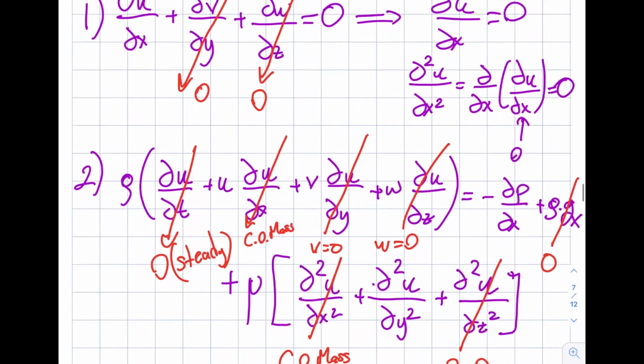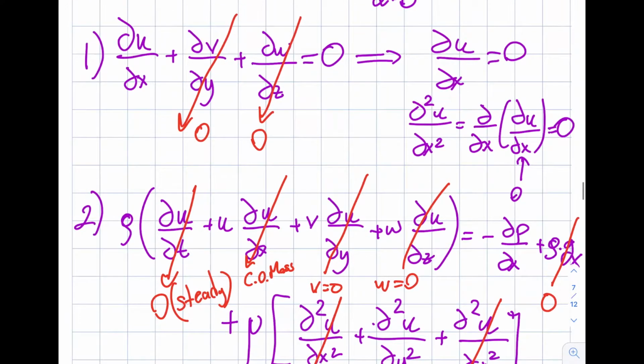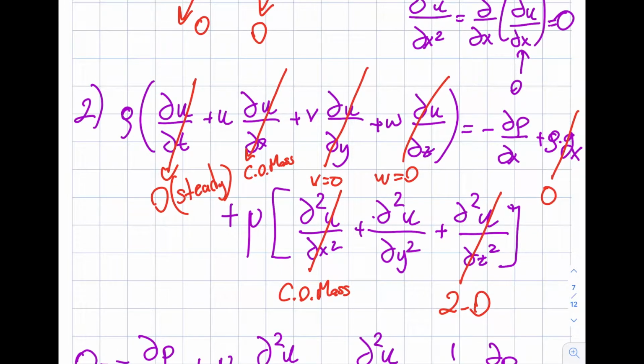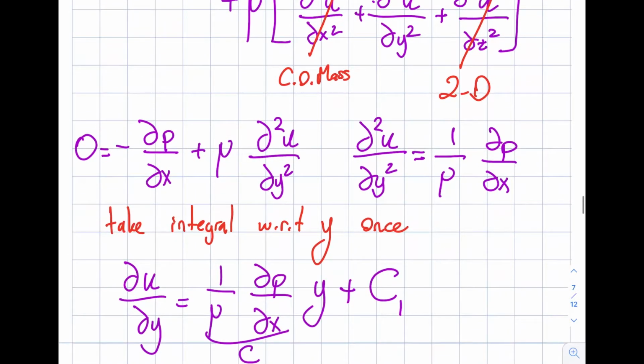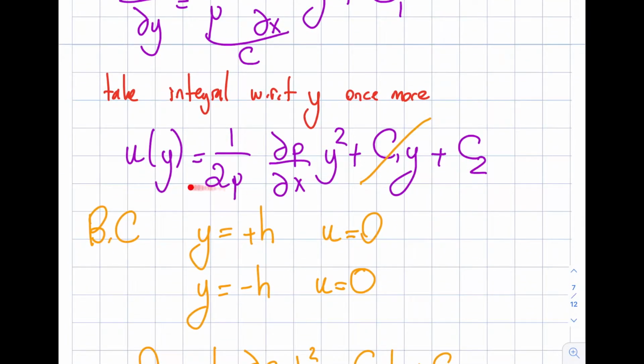So if I do my analysis, I will find out this del p del x is 0. And if I write my Navier-Stokes equation in the x direction, I will get the exact same cancellations. I will get this equation, I will proceed with this, bam! Right here, now there's a difference. Look at the boundary condition. I said that the top plate is not moving, now it's going to move. The bottom plate is still the same.